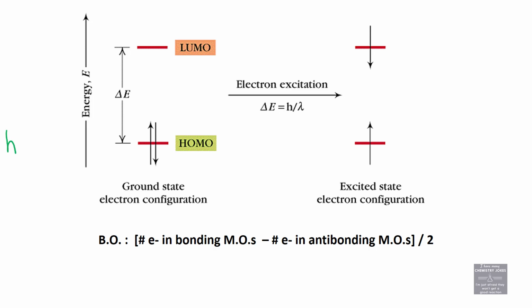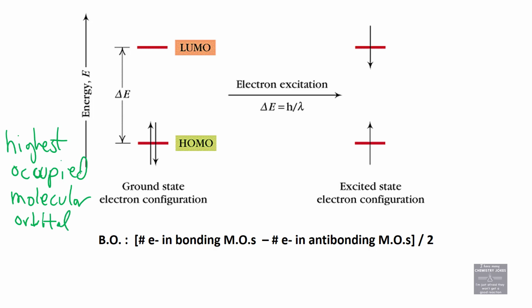Molecular orbital theory talks about HOMOs, which is highest occupied molecular orbital, and LUMOs stands for lowest unoccupied, as in, has electrons in it, doesn't have electrons in it. Highest occupied has electrons.